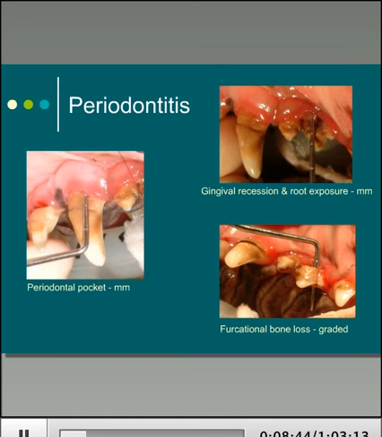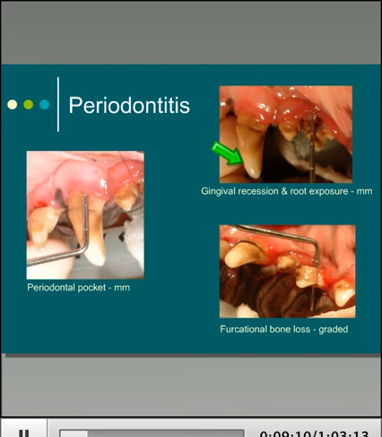So our pocket is measured in millimeters, and our recession, and therefore the amount of root exposure, is also measured in millimeters. So the pocket, we're measuring from the base of the pocket to where the gingival margin is. So maybe our base is somewhere in here, and we're measuring to this line.